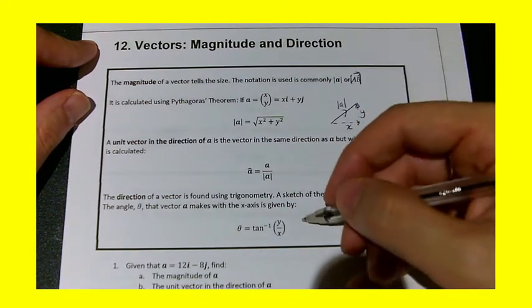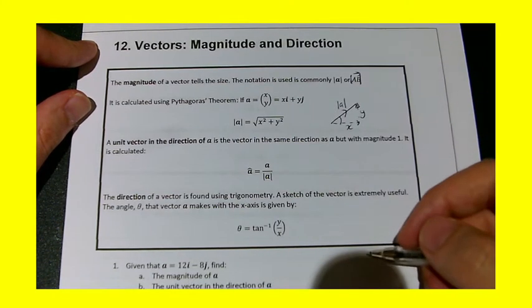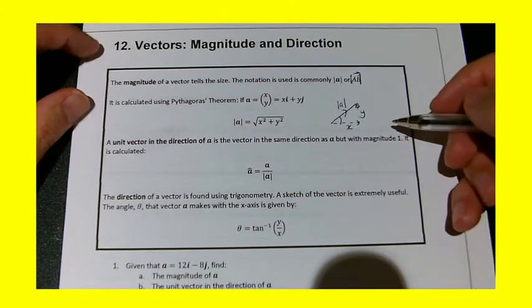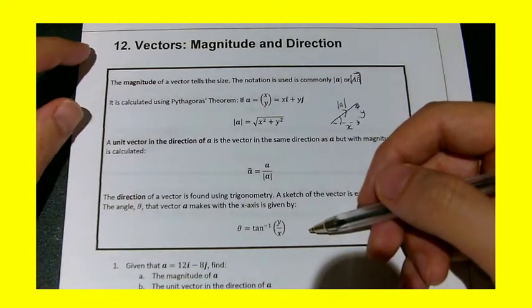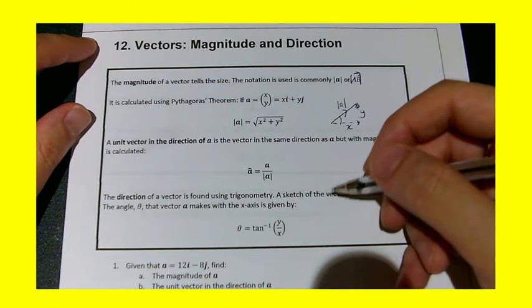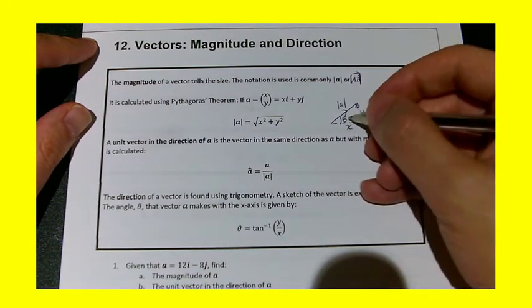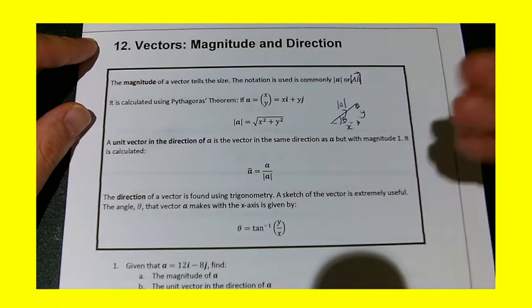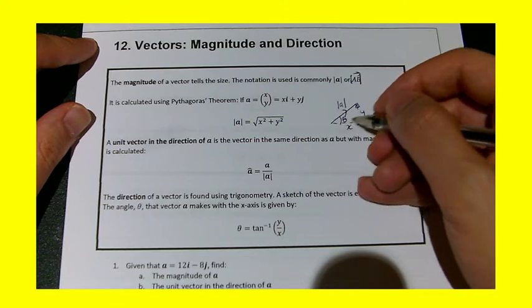The direction of a vector is found by using trigonometry, and a sketch is really useful. The angle theta in this formula is the angle that the vector makes with the x-axis, and we normally say it's the positive x-axis. If I want to find that angle, I think, what do I know at the moment?